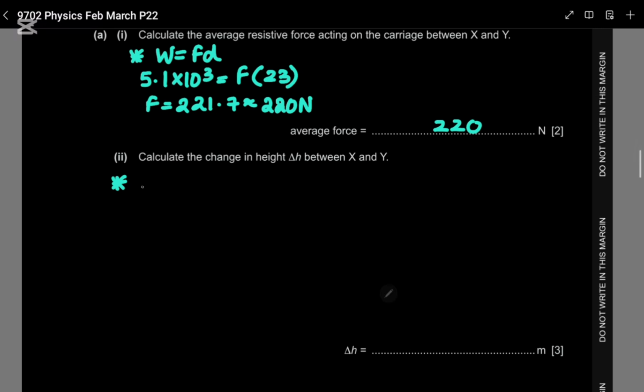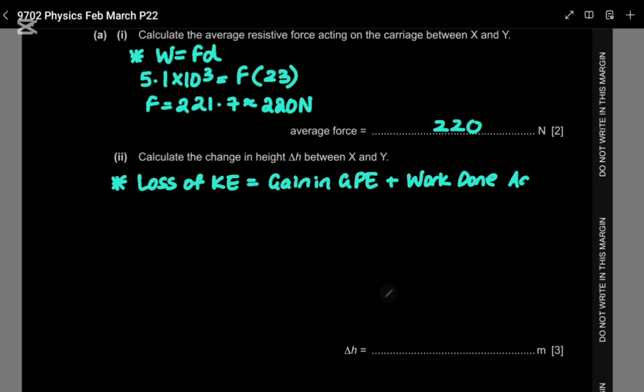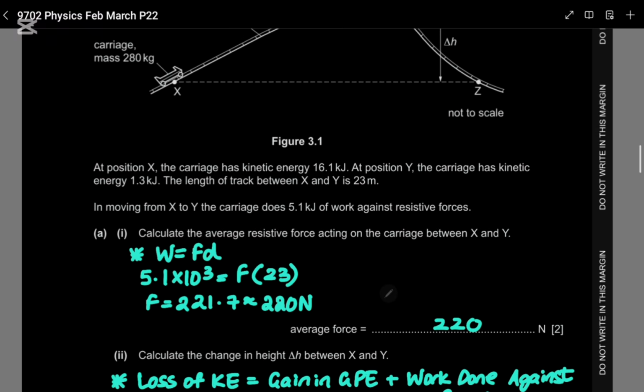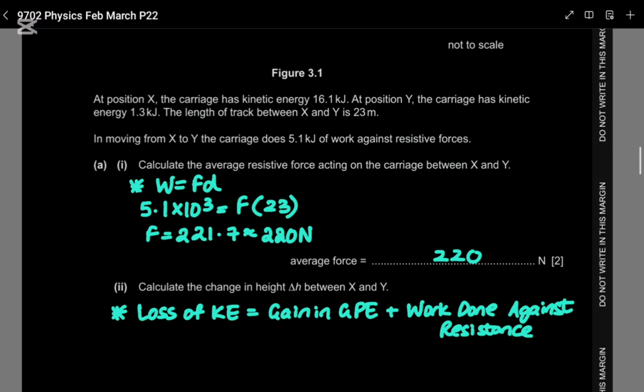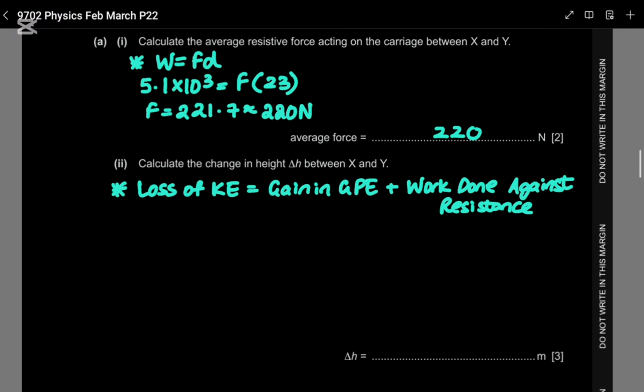Anyways, let's write that. First of all, loss of kinetic energy is equal to gain in GPE plus work done against resistance. Now what is the loss of kinetic energy? It's the kinetic energy initial minus final, and we multiply by 10 to the power of 3 because it's in kilojoules.